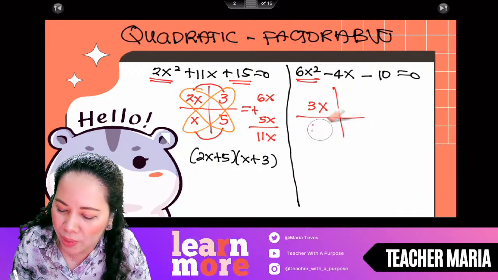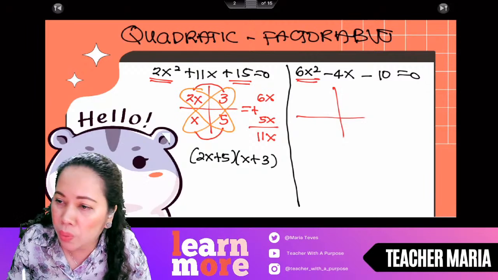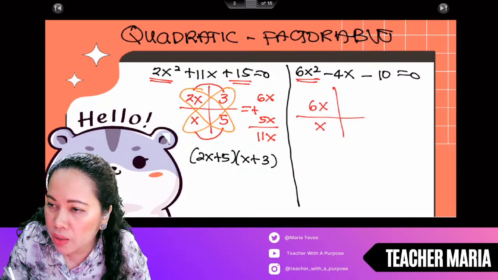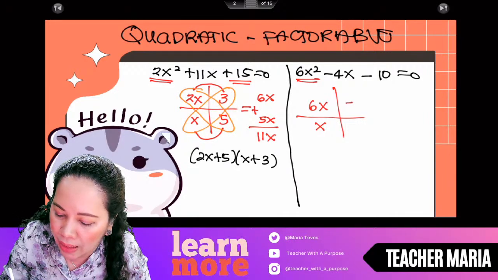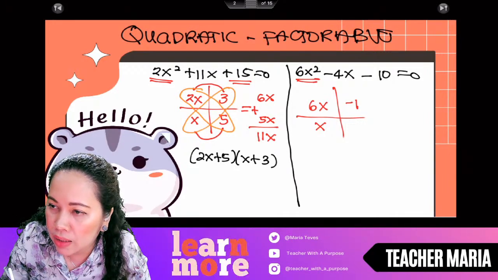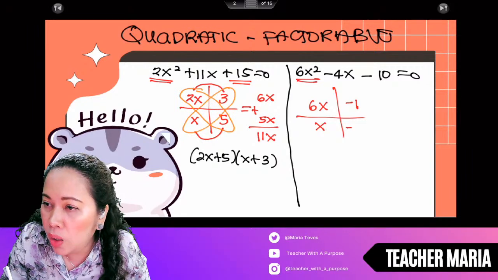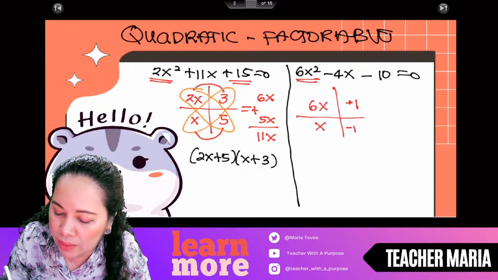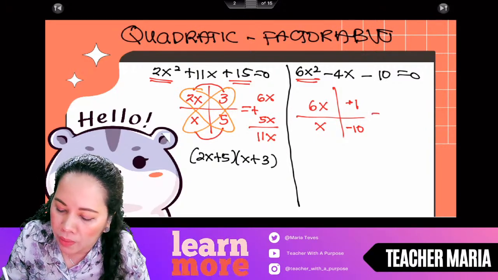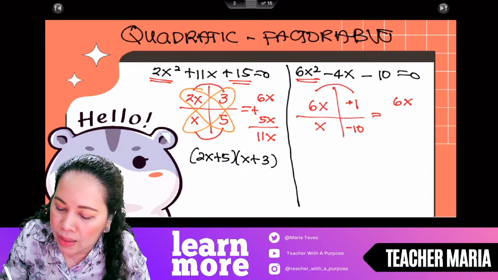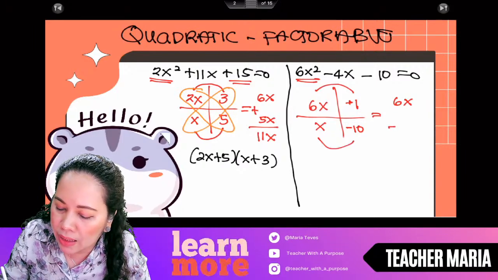Wow. All right. Okay. Let's try the one that you gave. So 6x and x, and then you have negative 10, negative 1 and positive 10, or 1 and negative 10. Okay, so 6 times 1 is 6x. x times negative 10 is negative 10x.